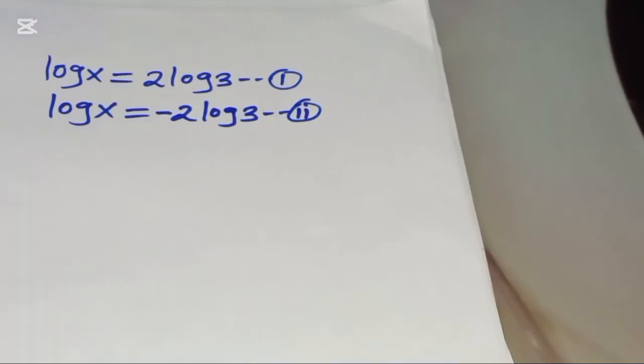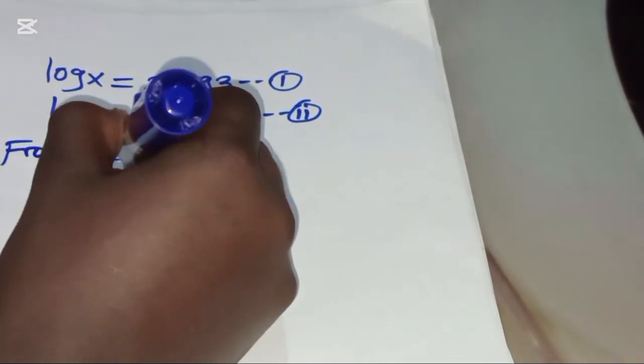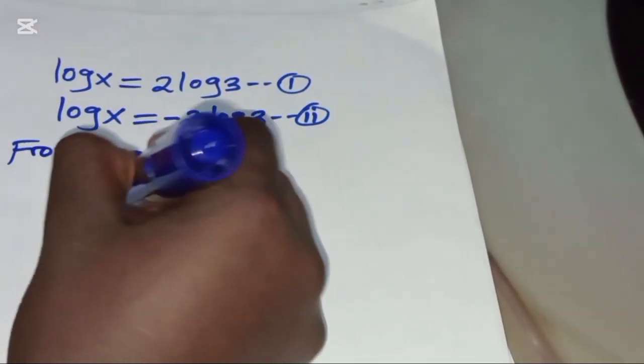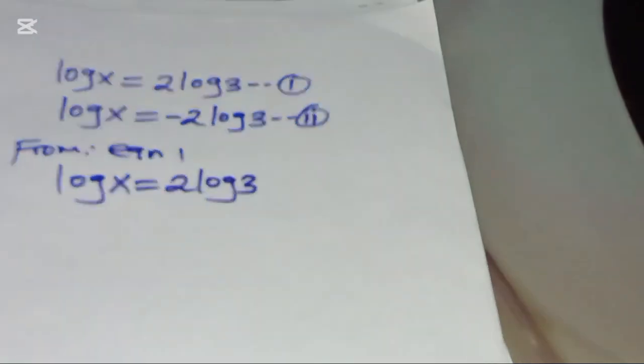Now we are saying that we have two equations: equation 1, which is log x = 2 log 3, and equation 2, which is log x = -2 log 3. From equation 1, we have log x = 2 log 3.